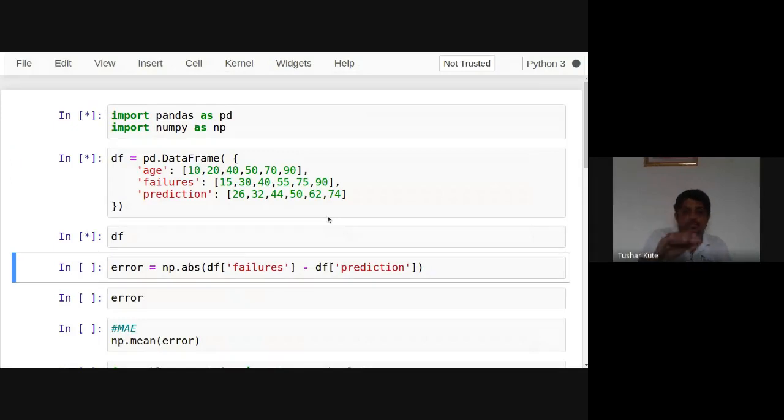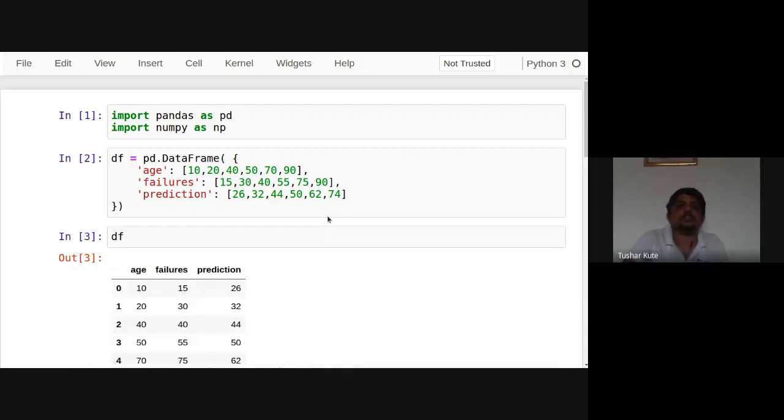You can see exactly the same method: age input, failure output, and the values predicted by the model are this, which I mentioned there. Now if I want to find the error, which I have done in the first table already, we can do it with error equal to df of failure minus predictions. That's what we can do.